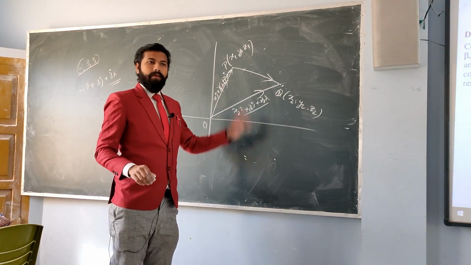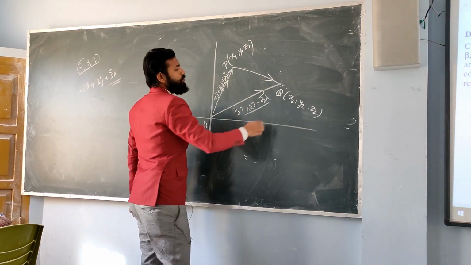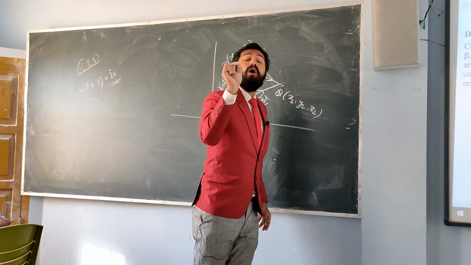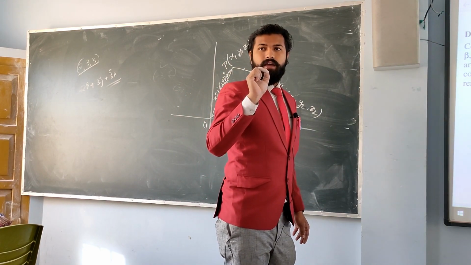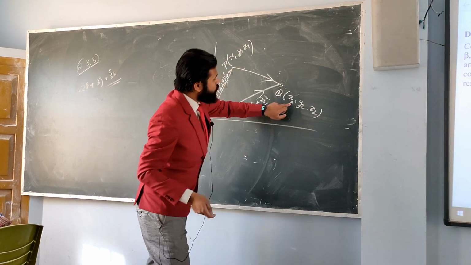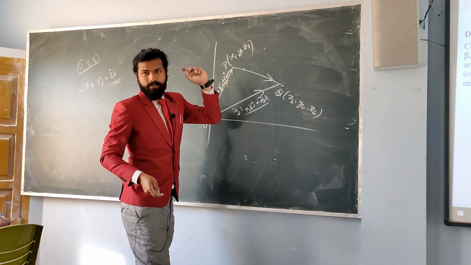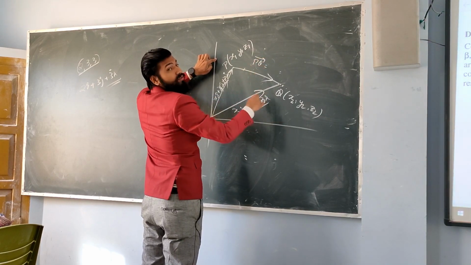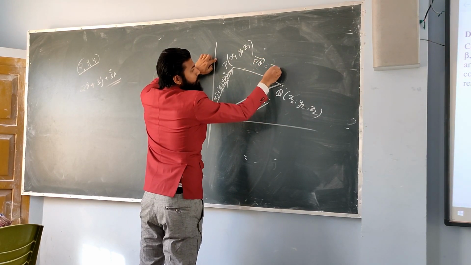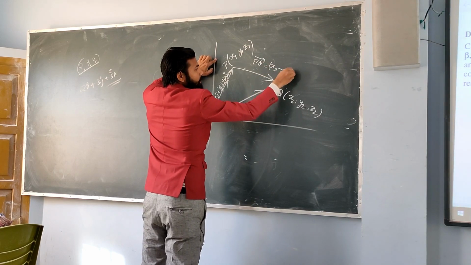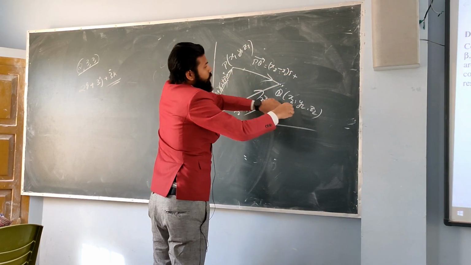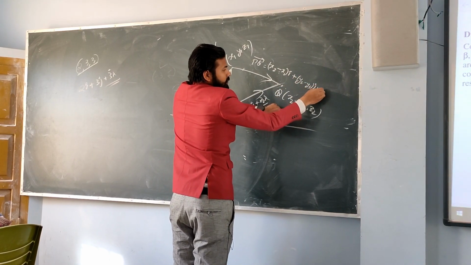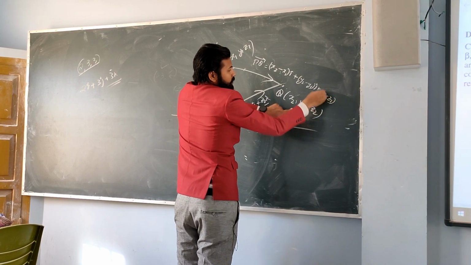Very simple: subtract all the corresponding coordinates. PQ vector equals x2 minus x1 i cap plus y2 minus y1 j cap plus z2 minus z1 k cap.